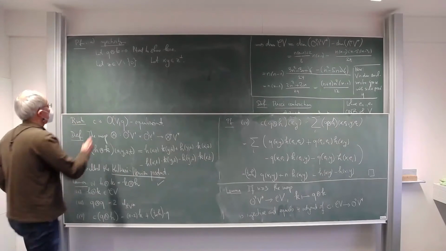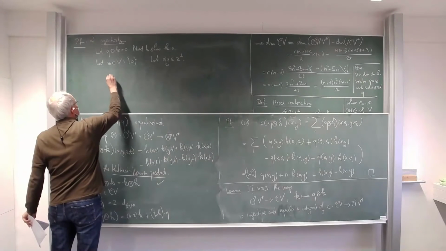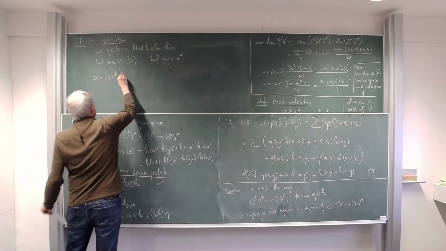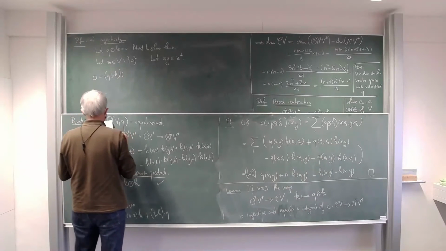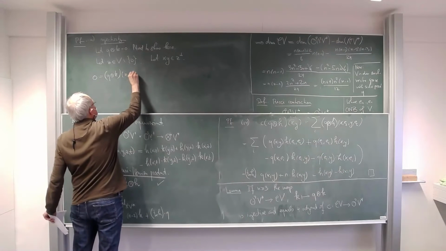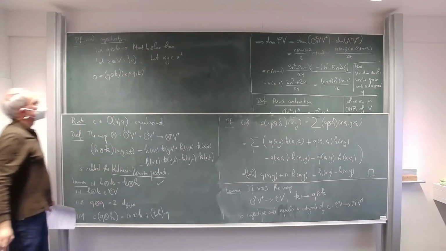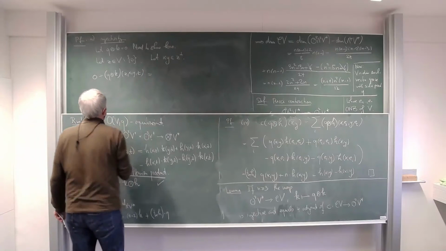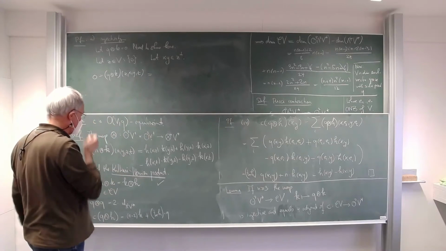Good. And well, what do I know? I know that the Kulkarni-Nomizu product vanishes. That is 0. And I insert for any choices, for anything that I can insert. I'm inserting z, x, y, z, for instance. And now let's spell out what that means. Here we still have the formula.